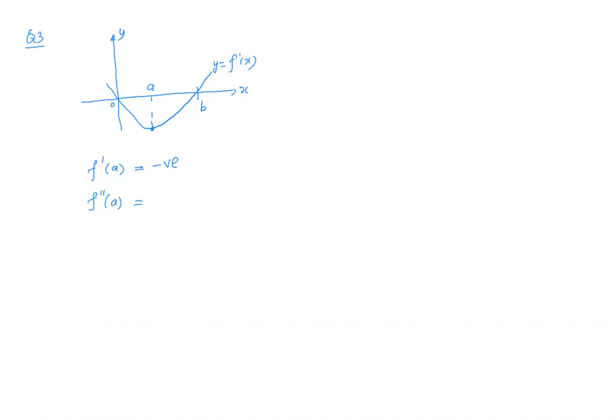Okay, can I ask this question? What is the rate of change of f prime x at this point? My question is like that. You ask yourself this question. What is the rate of change of f prime x at the turning point of f prime x?